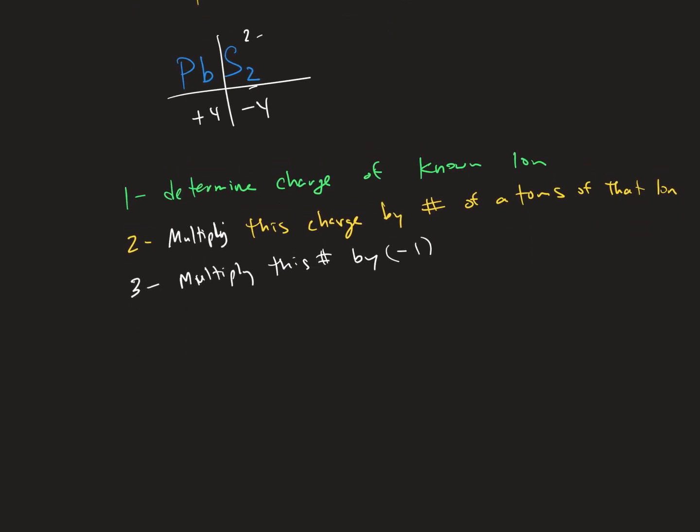And then step 4 is divide this number, it's not very beautiful, guys, by the number of atoms of the unknown element.